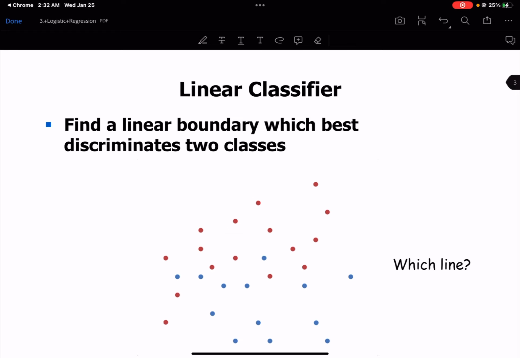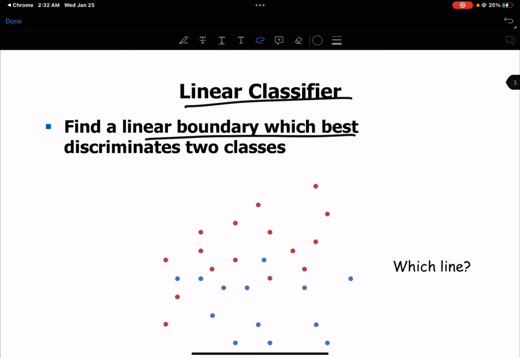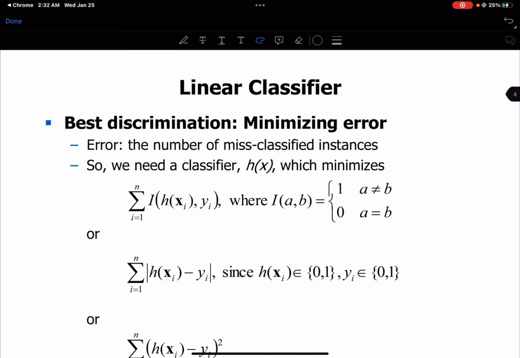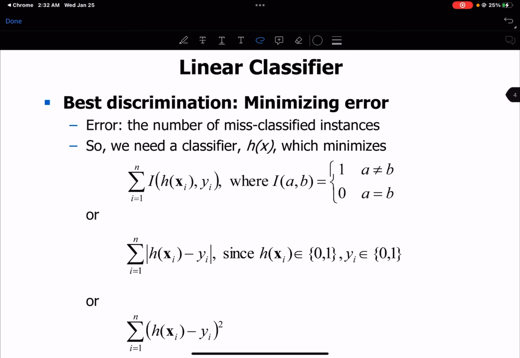So what is the target of the linear classifier? It finds a linear boundary which best discriminates the two classes. As we have studied in linear regression, that can be done best by minimizing the error. And error is the number of misclassified instances.